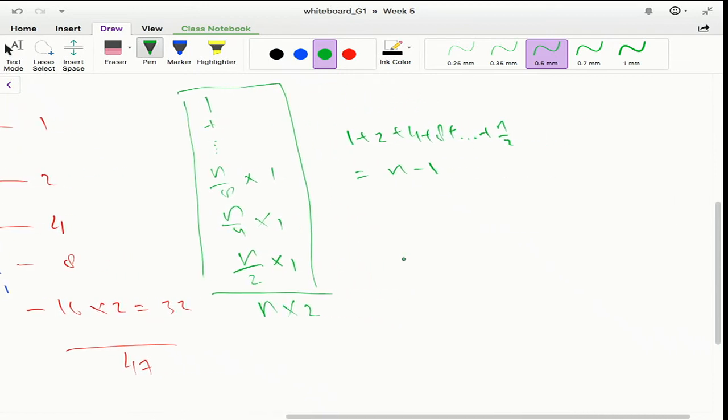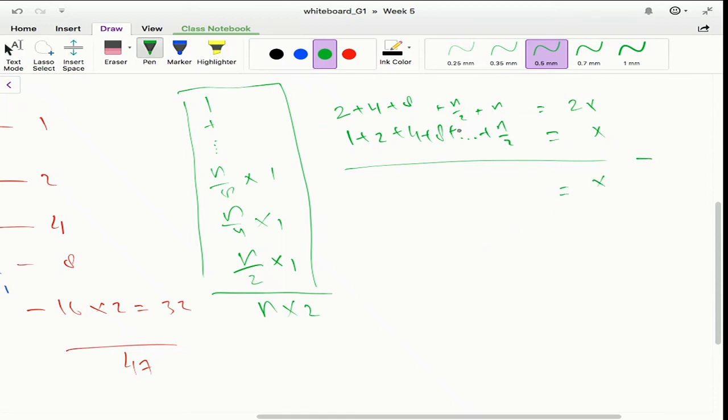So why is it n minus 1? We did this exercise before. Let's assume this is x. So we're going to take double of that, which is 2x. So n over 2 multiplied by 2 is n. And we have n over 2 all the way. So in this case we have 2 plus 4 plus 8 and so on. Then we're going to subtract them. 2x minus x is x.